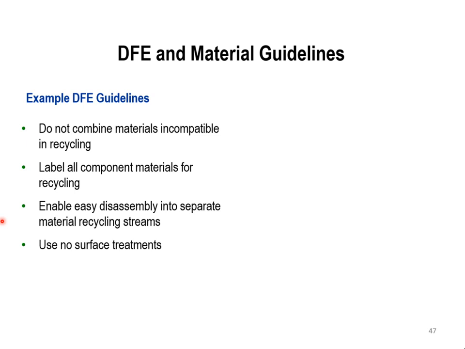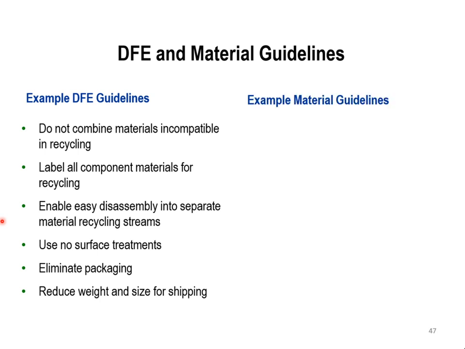Use no surface treatment as much as you can and eliminate the packaging. Finally, reduce the weight and size for the shipping, because the heavier the product is, the higher the energy requirement for the shipping is going to be.